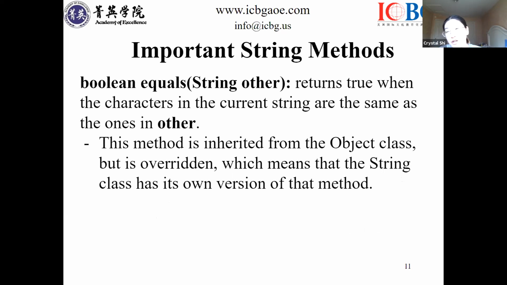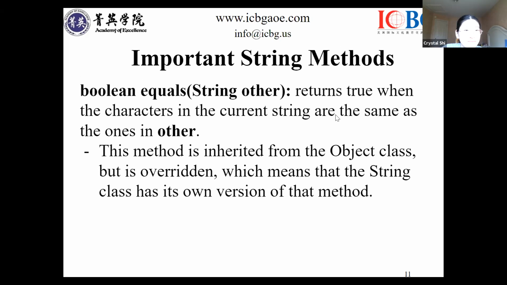So this is what I was talking about earlier, how equals is more strict than the content comparison. I don't remember what it was called. But the point is, this one is more strict because the two objects have to be of the same class. So in this case, they would both have to be strings.